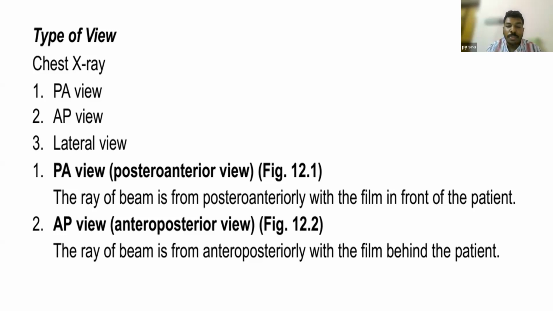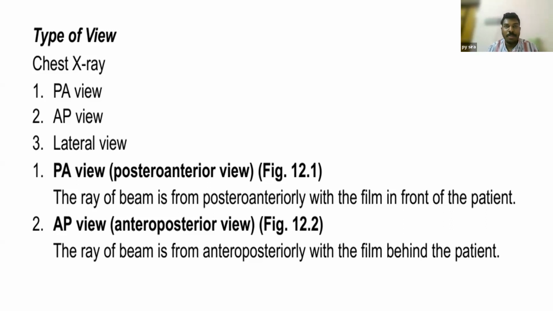PA view is when the ray of beam is from posterior to anterior with the film in front of the patient. So what happens here is the film is in front of the patient, and the patient is going to stand like this, and the film is going to be in front of the patient. The beam is going to form from posterior, and it is going to move anteriorly.